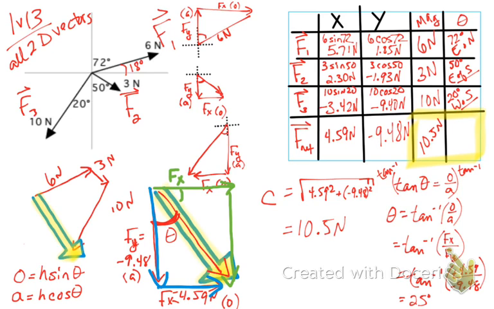Okay? So if I put it into the box up here, it's 25 degrees east of south. Now, if we did it the other way, we would end up with something like 65 degrees south of east.